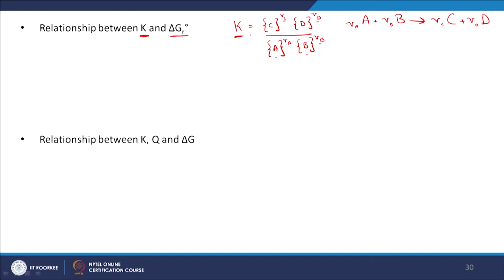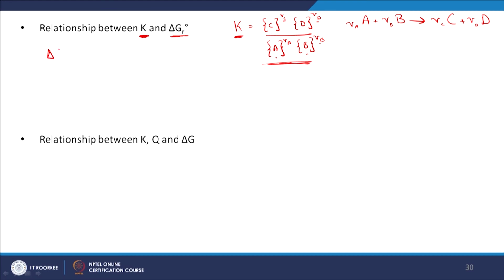When is this set of variables equal to the equilibrium coefficient? When the system is at equilibrium. When it is at equilibrium, you will have relevant activities of the various compounds, and that is when you can calculate K. Here we are trying to develop a relationship between K and delta G.